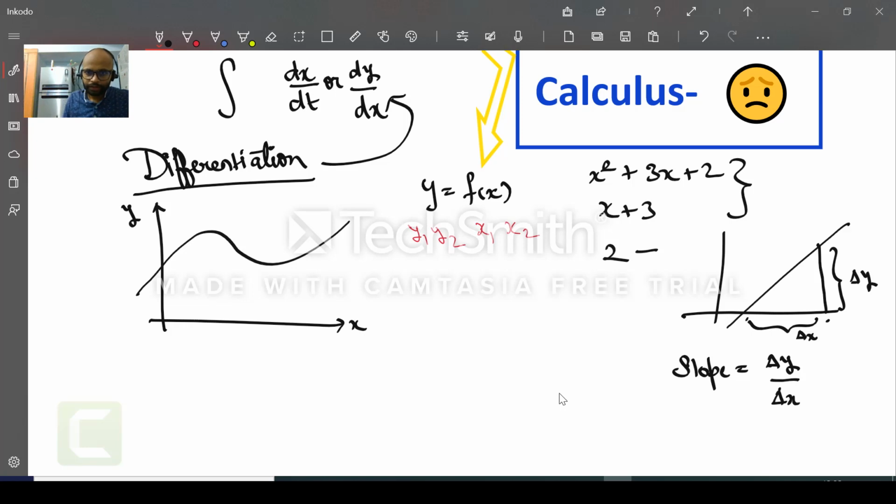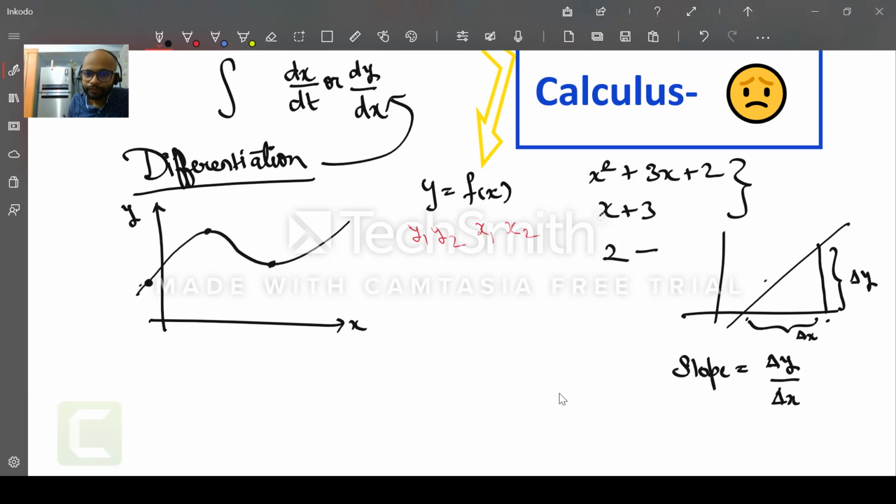Okay, but is the case the same over here? See, this was a straight line, but this here is not a straight line. So if you try to find the slope at this point or at this point, or let's say at this point, it will be different for all of these because this graph is a curve, right?